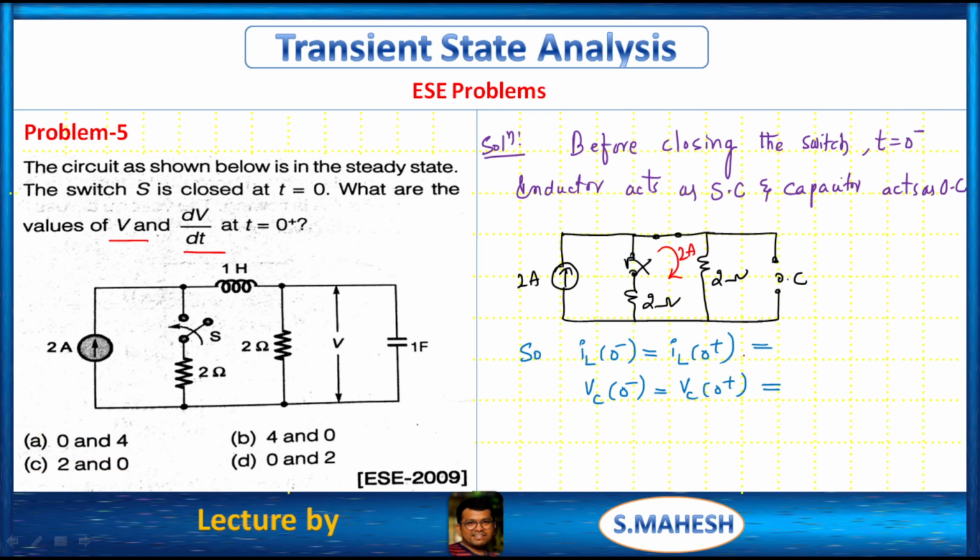Therefore, IL 0 minus is 2 amps, and this is 2 into 2, which equals 4 volts. Okay, this is the initial case. Now we have to get the case when the switch is closed. So we represent the inductor with a current source, and the capacitor with a voltage source, like this. Okay.